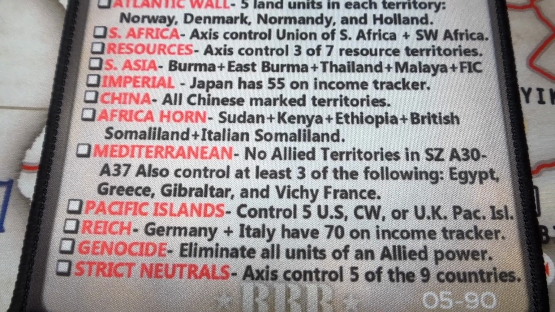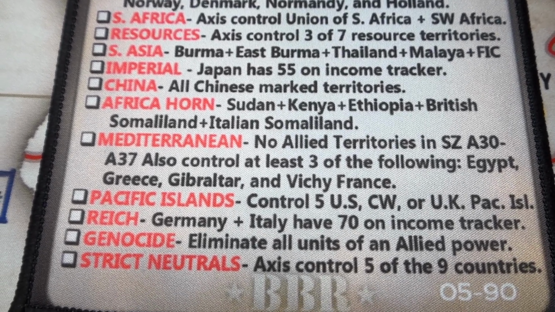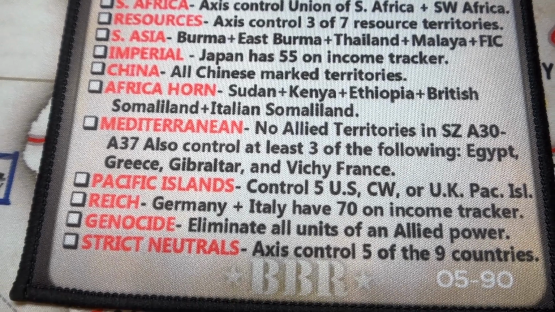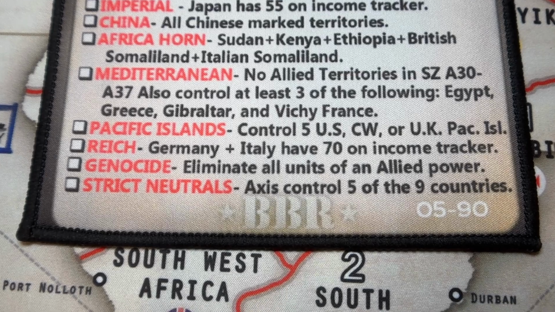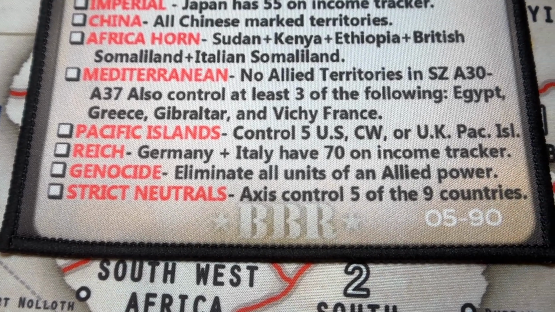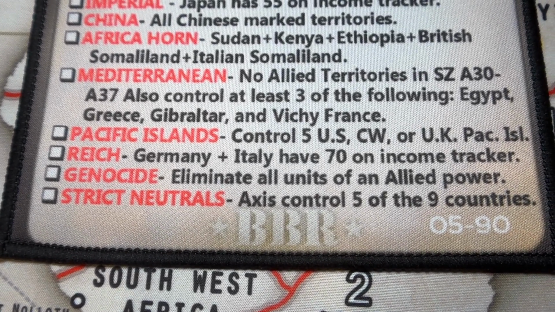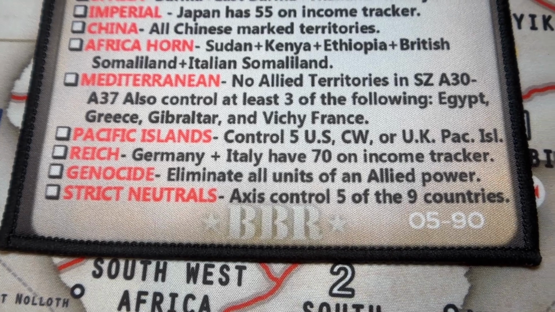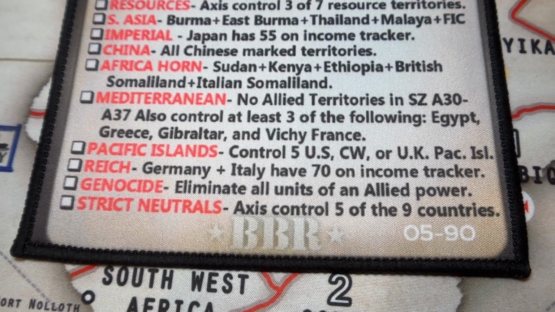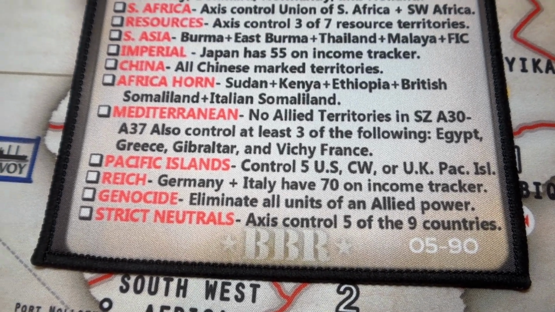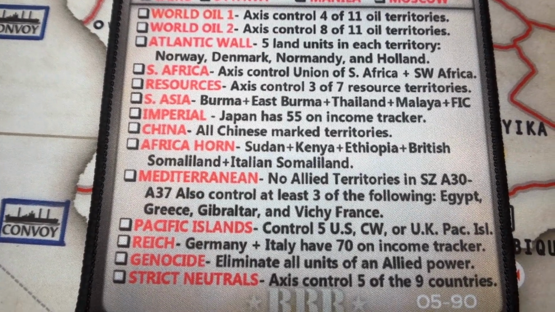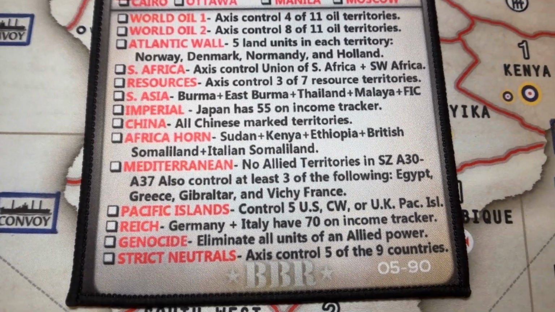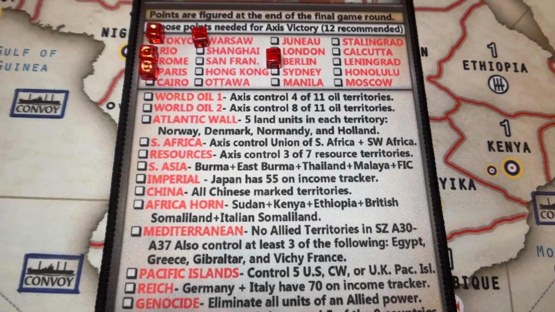China's an out-of-box one that shows up in ours as well. But the African Horn, the Mediterranean, different versions on controlling those areas as well. And you see a few others there that I don't have to read all of, including strict neutrals itself. That just being a reason to straight up attack them so that you can get those. But each one of those win conditions, each one of those objectives is itself another victory point.